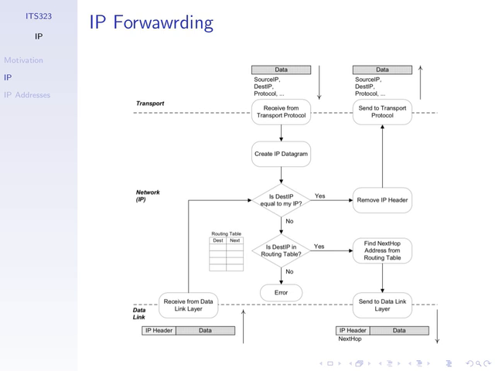Transmit to router 3. The datagram is transmitted to 3. Same source, same destination. 3 receives, does the same.